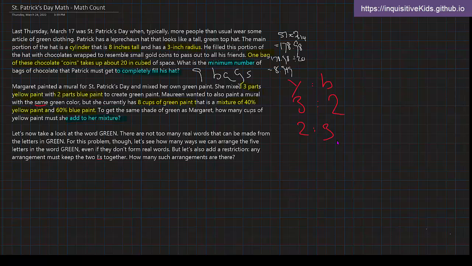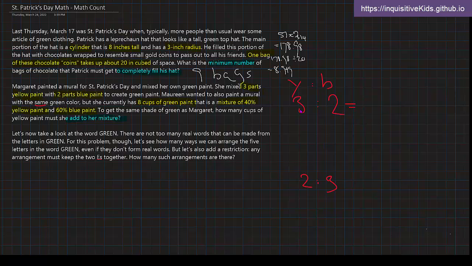So right here we have Maureen. So this is what Maureen currently has, right? And she wants to get this ratio to be here. And we're just thinking of how much cups to add to her yellow. So let's think about what this ratio would look like if it had 3 parts blue paint. Okay.